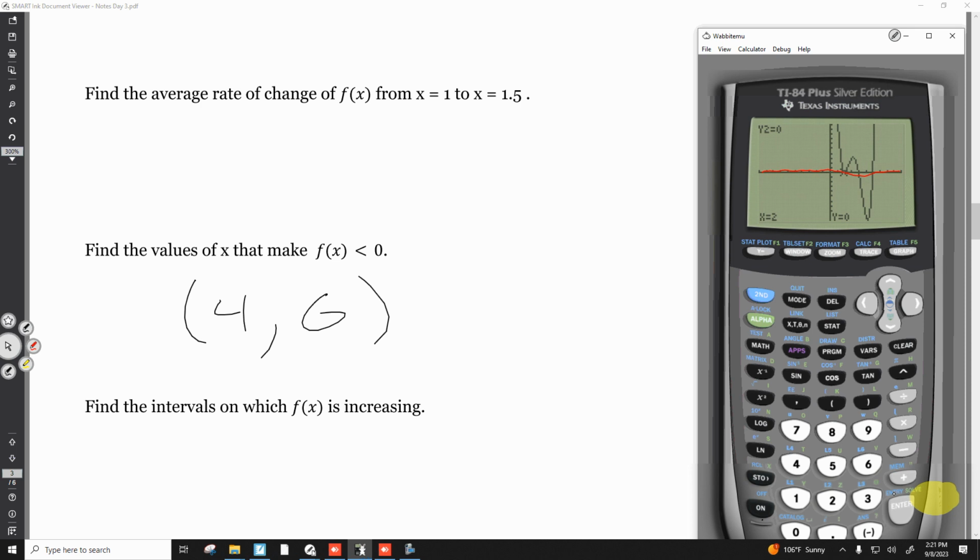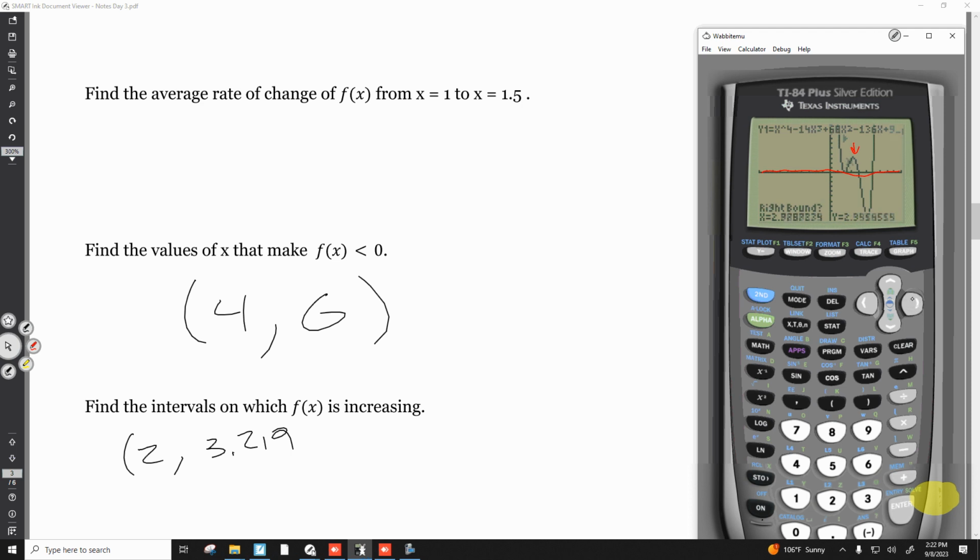We got to find the location of the max. Who found the location of the max? What'd you find, McCarty? 3.219. So there's my first interval from a minimum to a maximum. You had to find that max location to see when you're increasing. Oh, that's a min. Second calc, max. To the left of my max, to the right of my max.